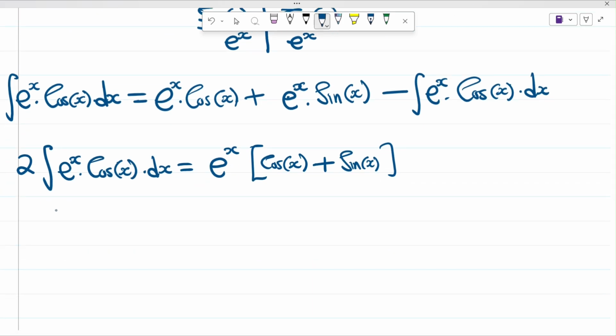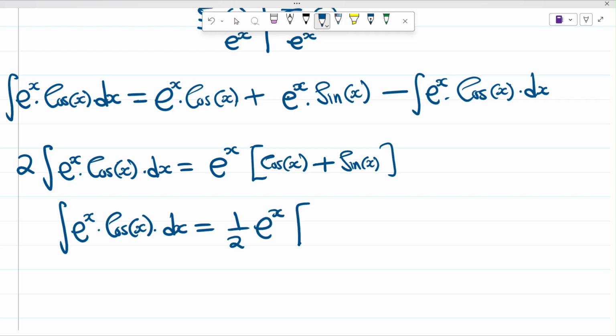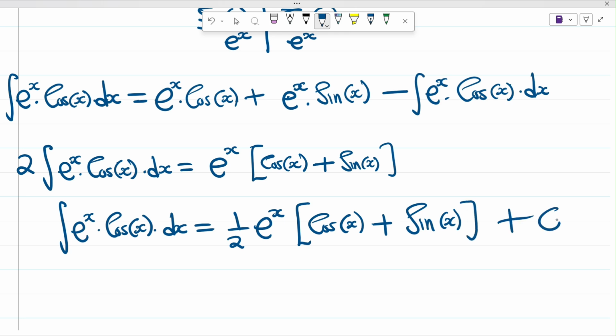When we divide by 2 on both sides, we'll end up having the integral of e to the power of x cos of x dx is going to be equivalent to 1 over 2 e to the power of x multiplied by cos of x plus sine of x, and then you close, you say plus c. Ta-da! You're done with that thing.